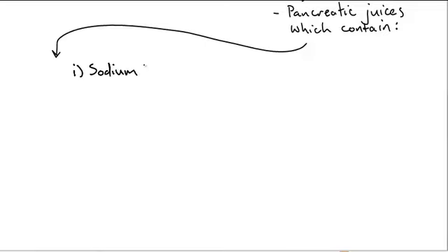Sodium bicarbonate is a very important component in our body. It's not only in our digestive system, it's also in our blood, and it acts as a buffer. In this situation, sodium bicarbonate, which is shortened NaHCO3, acts as a base.